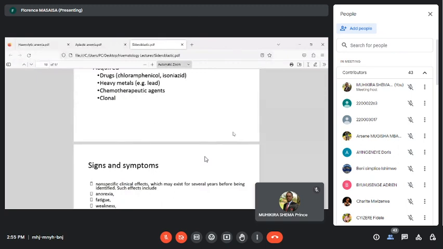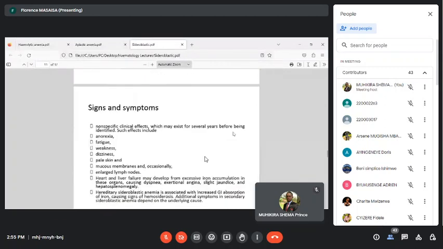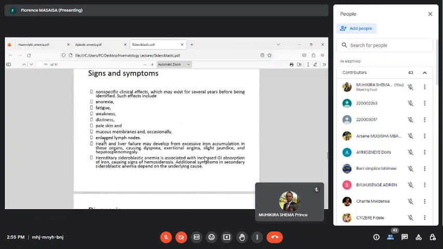With iron overload, iron will be deposited in organs like the liver and the heart, causing cardiomyopathies and so on. So there will be secondary symptoms of organ failure due to excess iron storage.